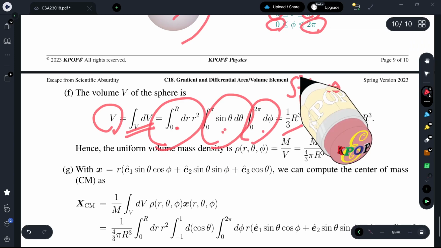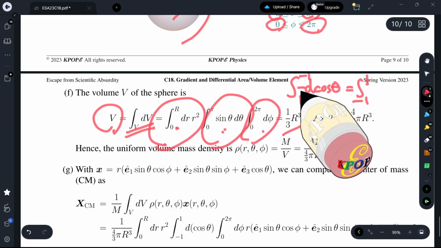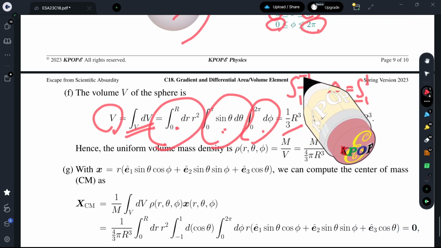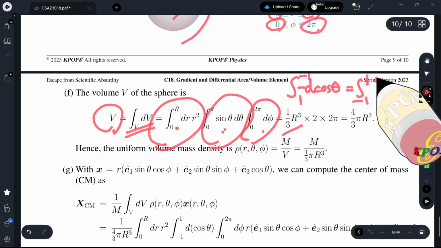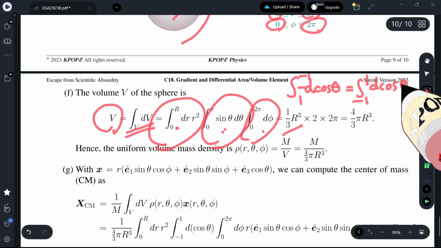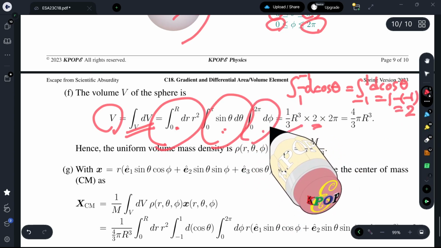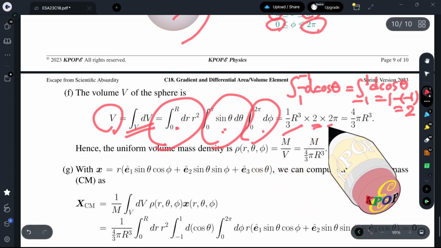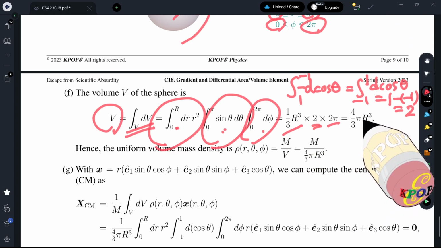At pi, it is -1. So it is the integral of -1. This minus sign is absorbed by exchanging the upper limit and lower limit. And this trivial integral is 1 minus -1, and that is 2. And the azimuthal angle integral is also trivial. Finally, we arrive at 4 pi over 3 R cubed.